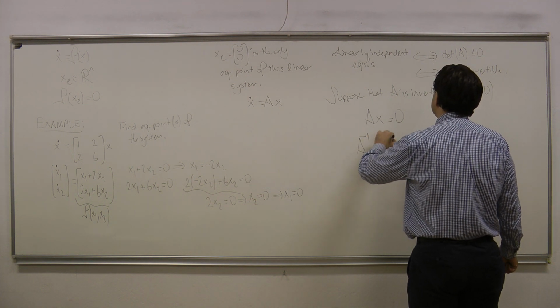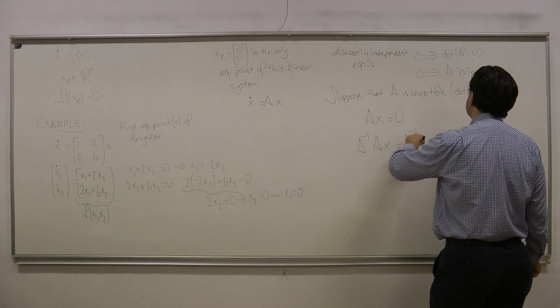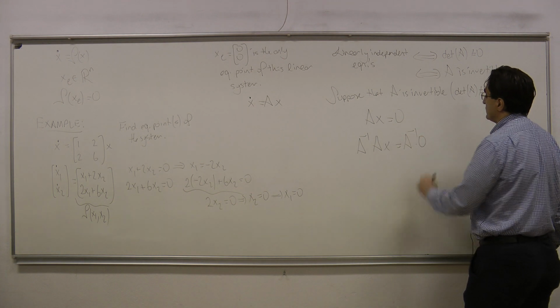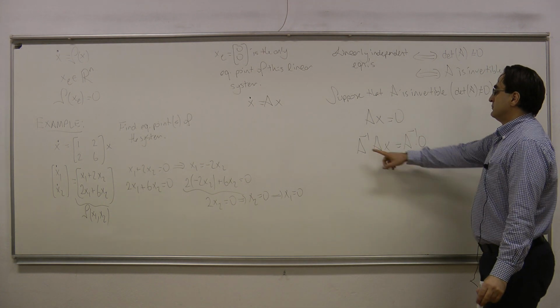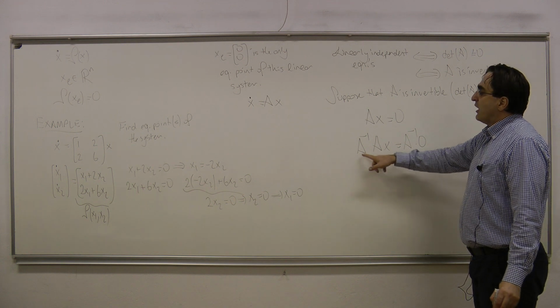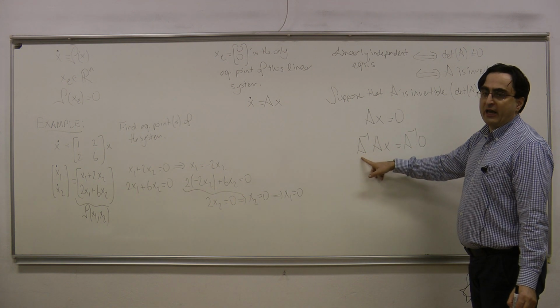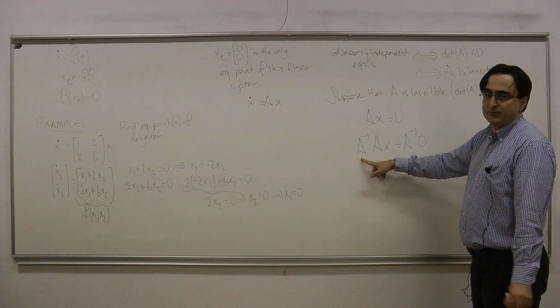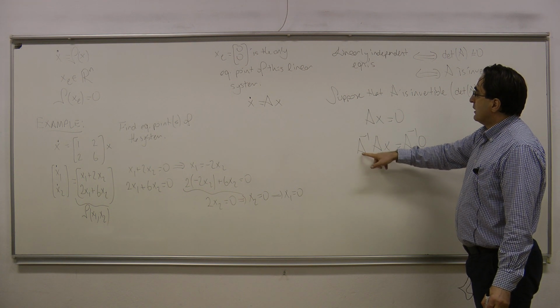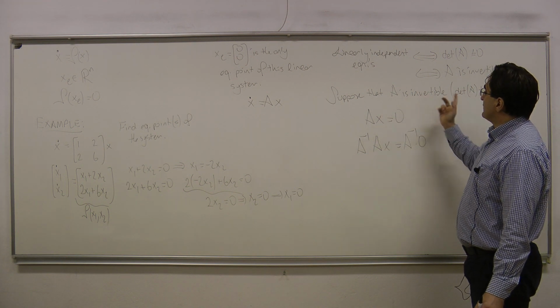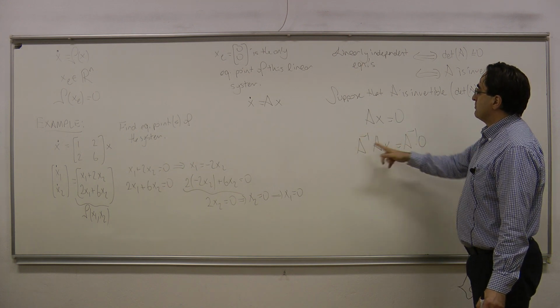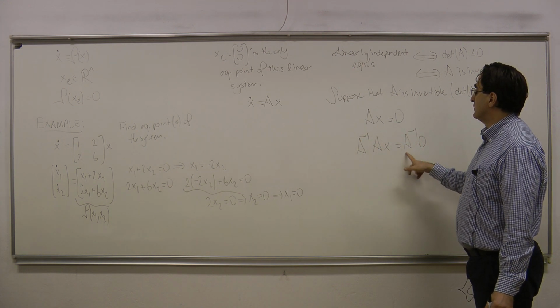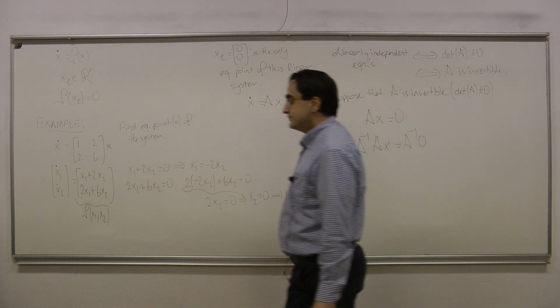So A inverse times x, and A inverse times 0. How could I do this? I could do this because I know that A inverse exists, and it is finite. That is what exist means. If A is not invertible, I cannot multiply both sides with A inverse. All right?